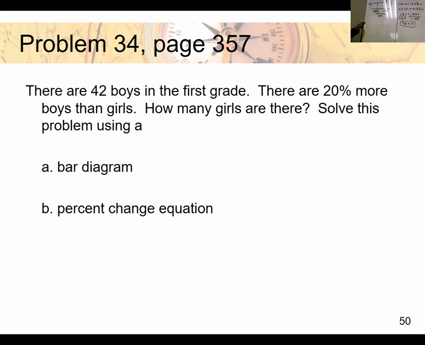So that's 120%. And then the question is, how many girls are there? Now let G be the number of girls.